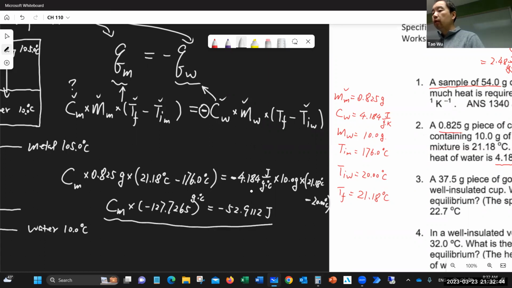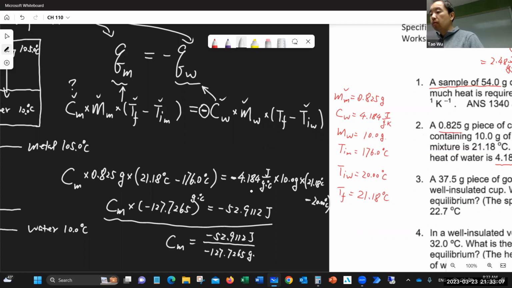So once you have this, what do we do? You divide by this number on both sides, right? So you're going to have the specific heat of this metal that should be equal to negative 52.9112 joule divided by negative 127.7265.